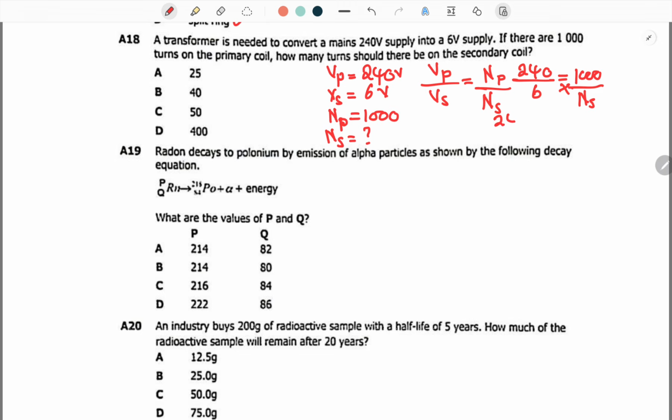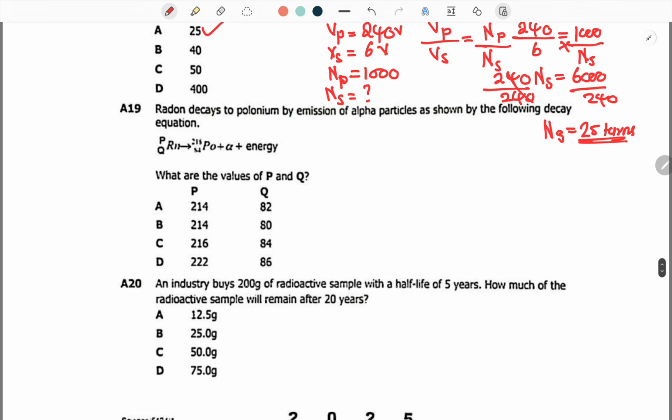So this is going to be 6 multiplied by 1000, which is 6000, over 240. So 6000 divided by 240 is going to be 25 turns secondary. So this is the answer.